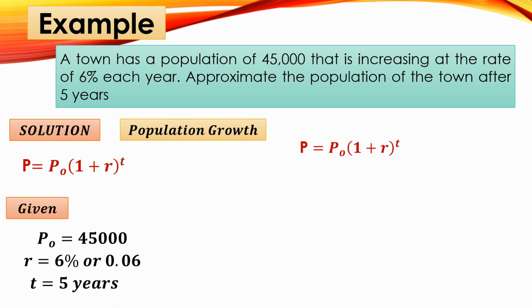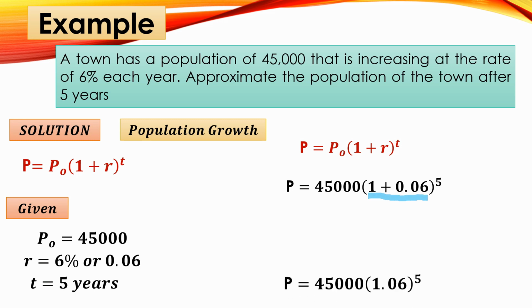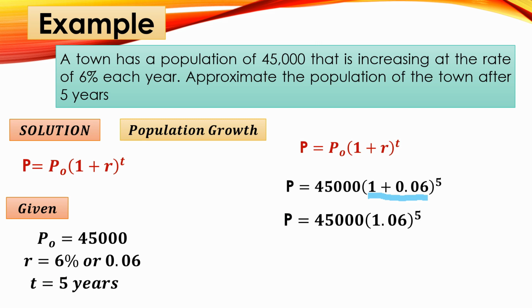So let's substitute our given sa ating formula, which is our initial population is 45,000 times 1 plus 0.06. So still, add nyo muna itong dalawa. So 1 plus 0.06, the answer is 1.06. Then after that, get the 1.06 raised to the 5th power. Then after that, saka nyo multiply sa 45,000.